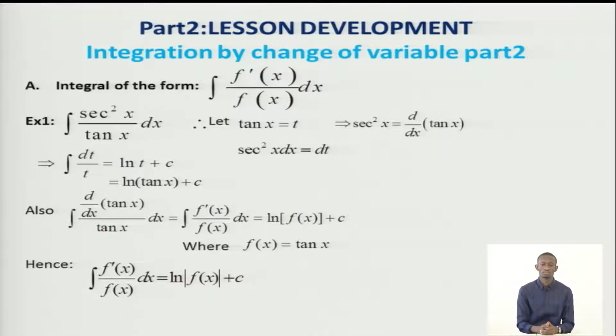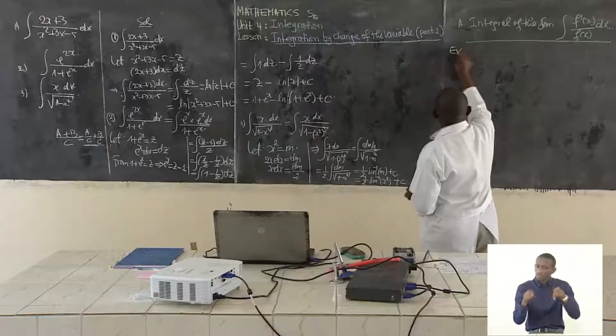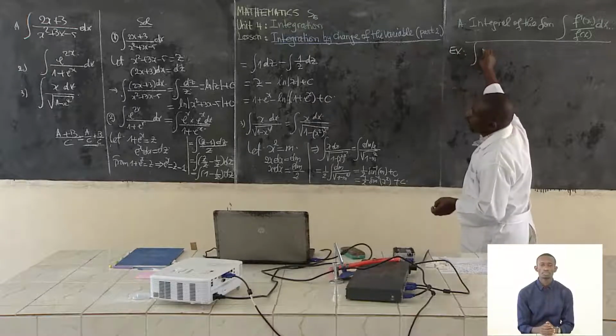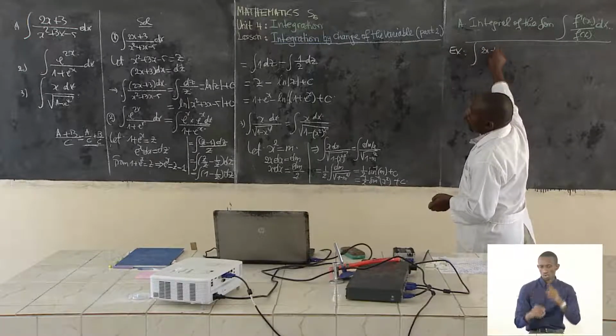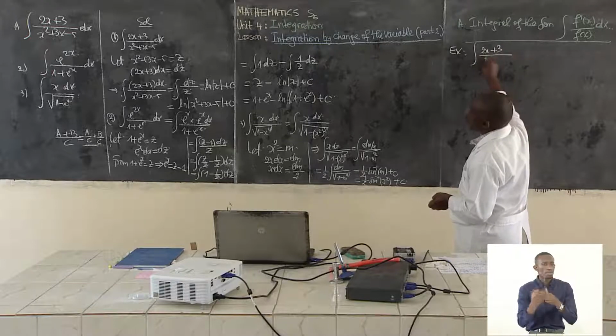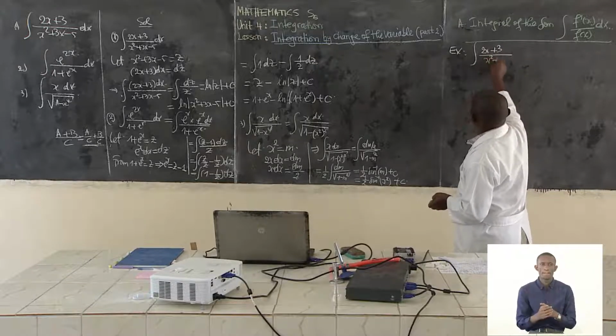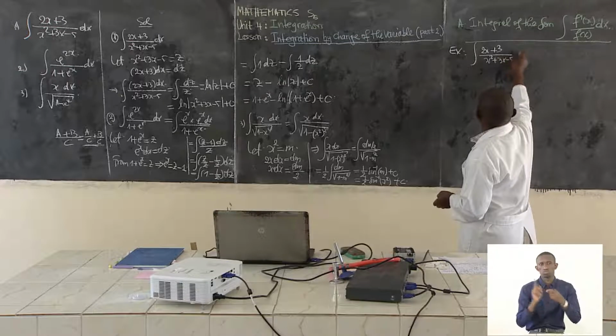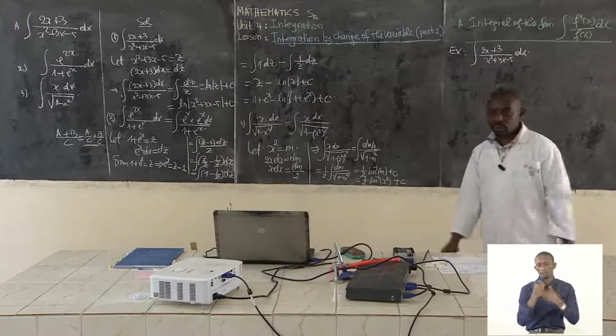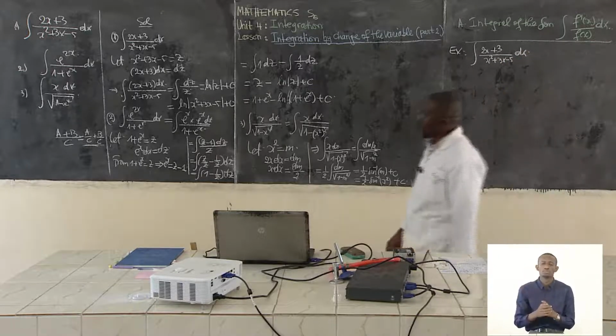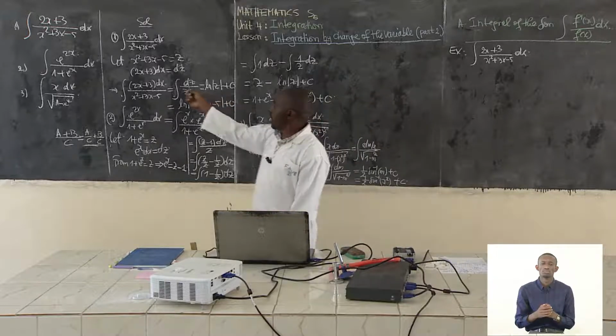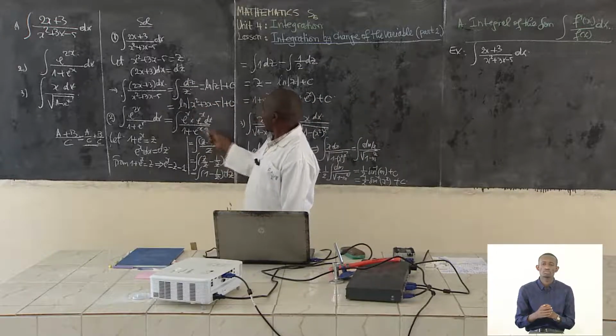Let me take the same example: integral of 2x plus 3 divided by x squared plus 3x minus 5 dx. Of course, it is solved here. The answer is here.